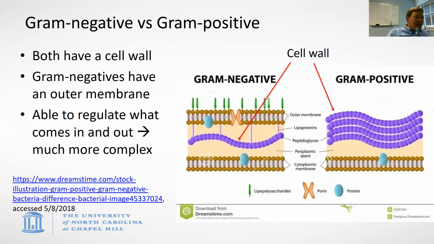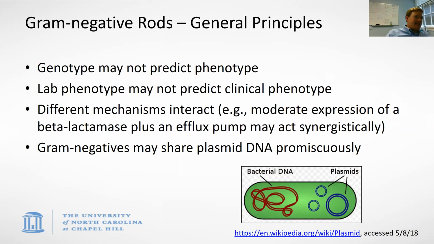So that makes gram negatives a whole lot more complex. MRSA is defined by a single gene. There are thousands of genes that might contribute to antibiotic resistance in one species of gram negative rod.